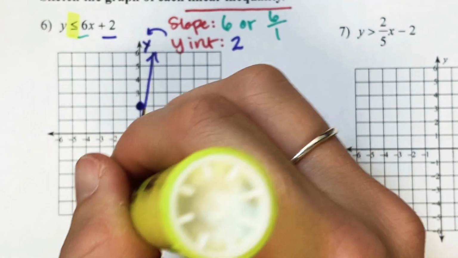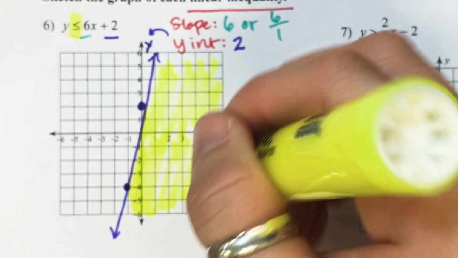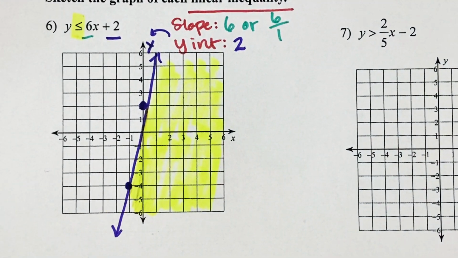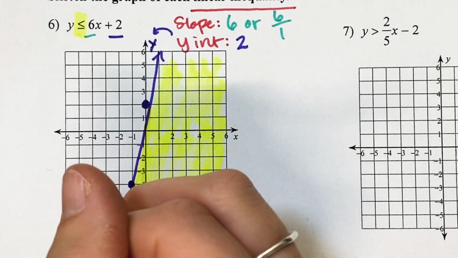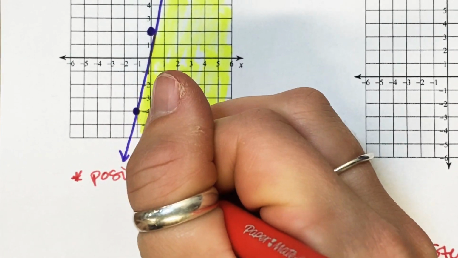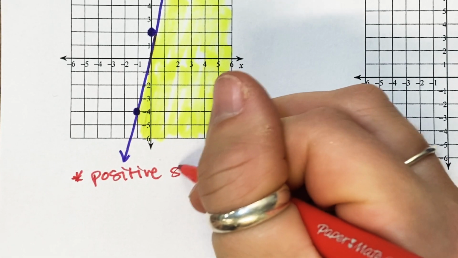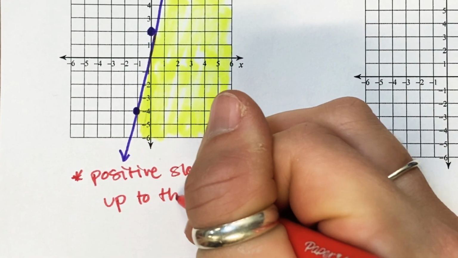That's where they're getting less than, which means you're going to shade on that whole side of that line. Last note I want us to make right there. Because this slope was positive, we already made a note about a negative 1, but a positive slope always goes up to the right.